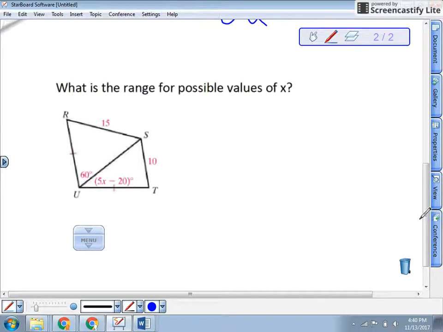Let's take one more problem. This one involves some algebra. What is the range of all possible values of x? Here is our congruent side, and we have the reflexive property. So there are our two congruent sides and the included angle. Since 15 is greater than 10, I know that 5x minus 20 has to be less than 60.